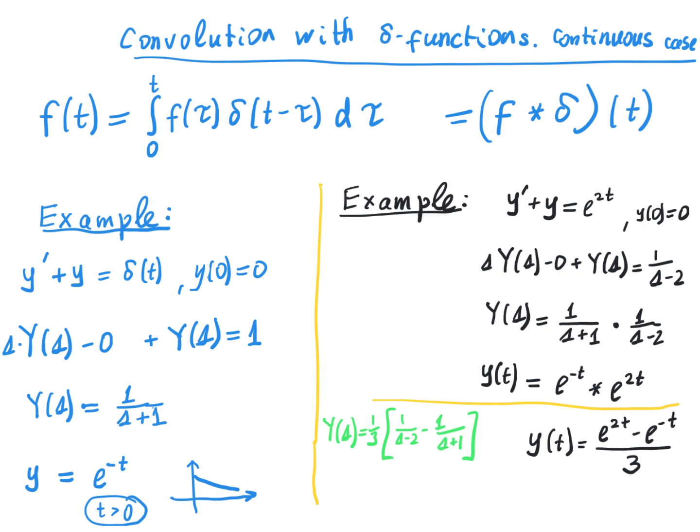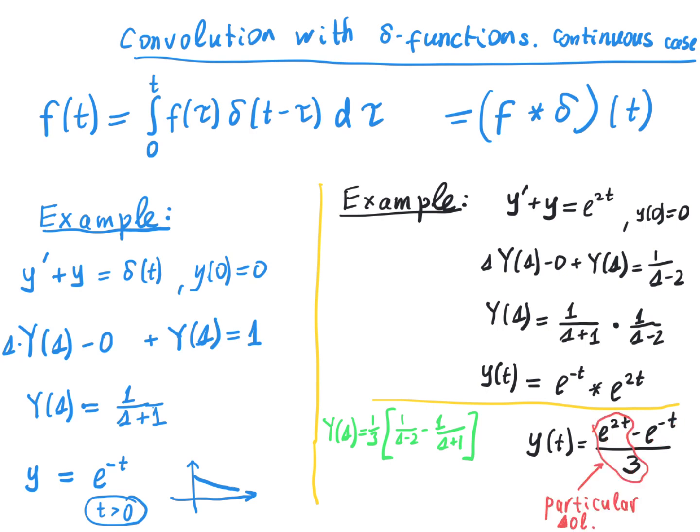Now, the inverse Laplace transform of each fraction we know. The inverse Laplace transform of the first fraction will be e to 2t, of the second will be e to minus t. So our final answer will be just the difference of two exponential functions divided by 3.